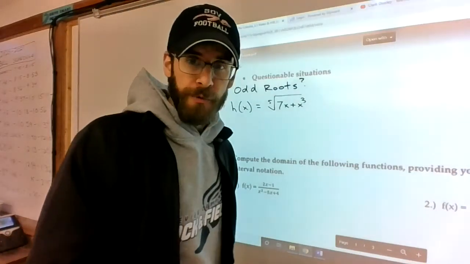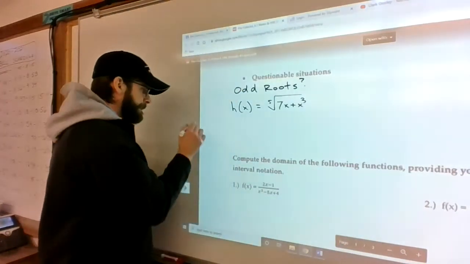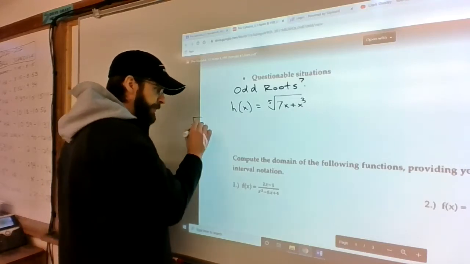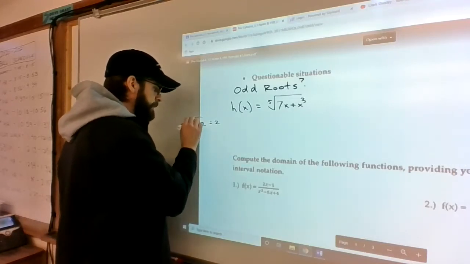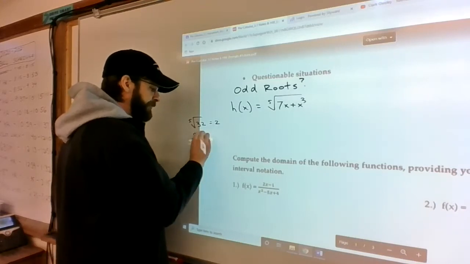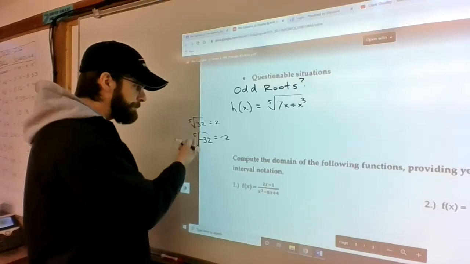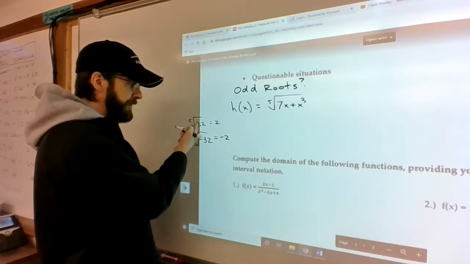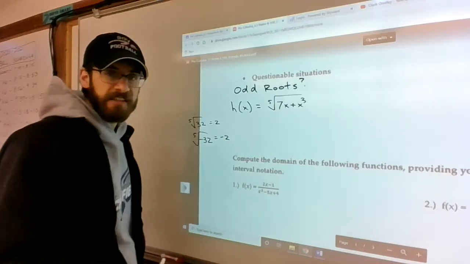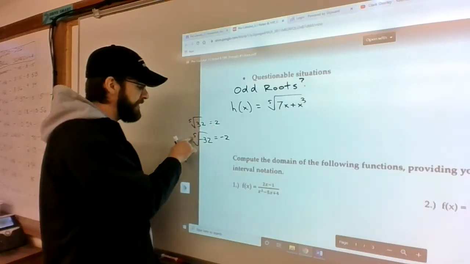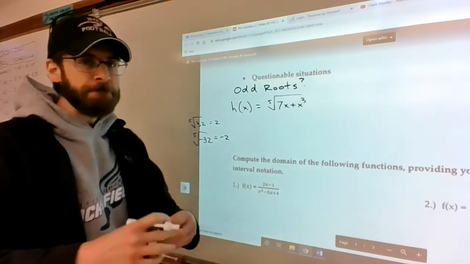The way odd roots work is that I can take the fifth root of positive 32 and get 2. I can take the fifth root of negative 32 and get negative 2. It doesn't matter if the inside is positive or negative.